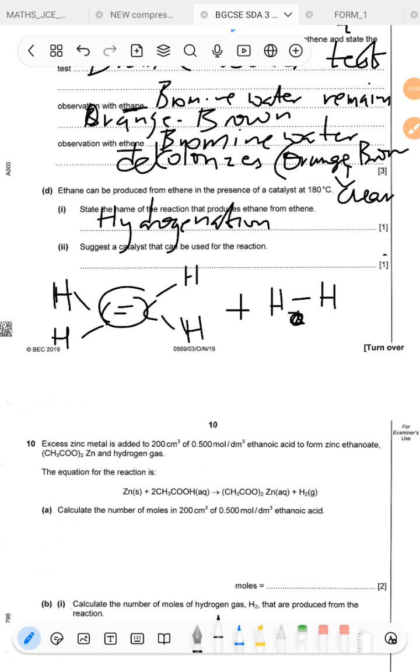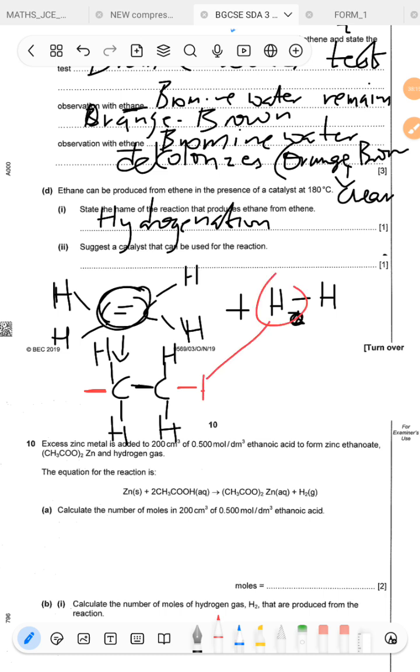Then this is going to be C, single bond, H, H, H, H. In the first step, we converted this double bond into a single bond, creating that extra space here. That extra space is where we're going to take this hydrogen, put it here, take the other hydrogen, put it there.